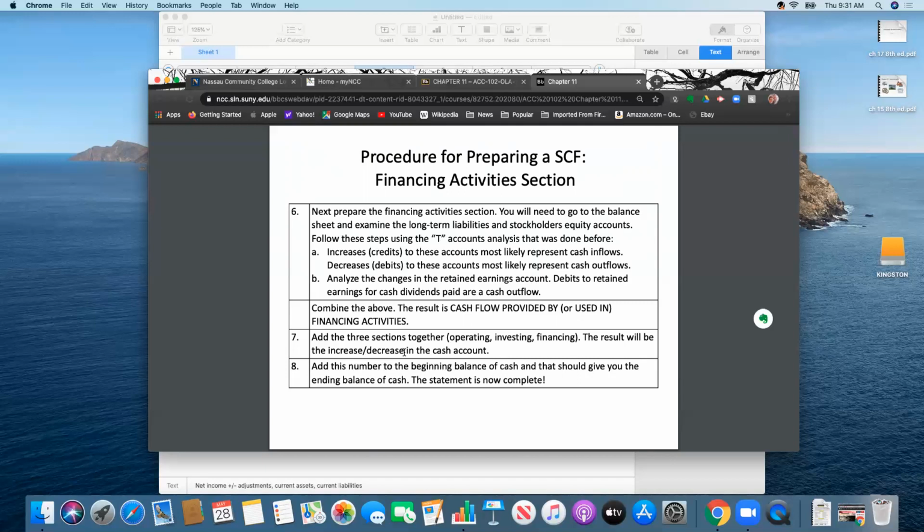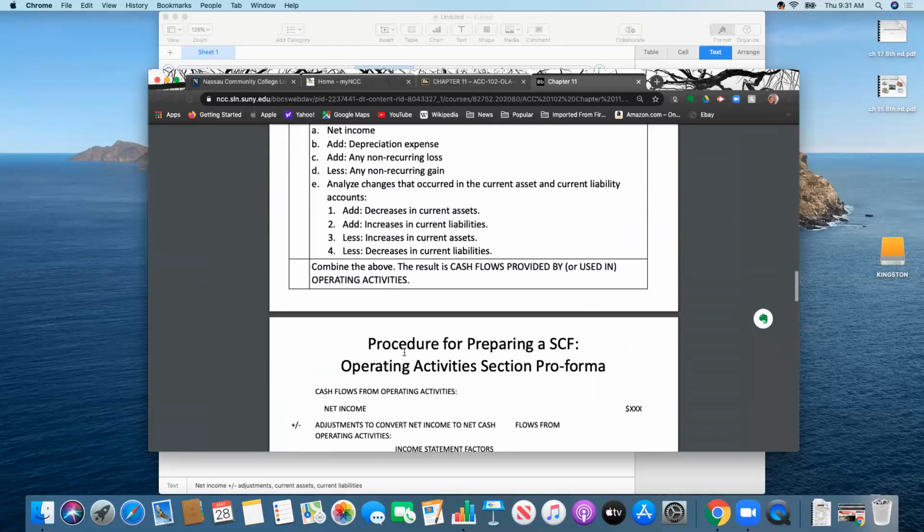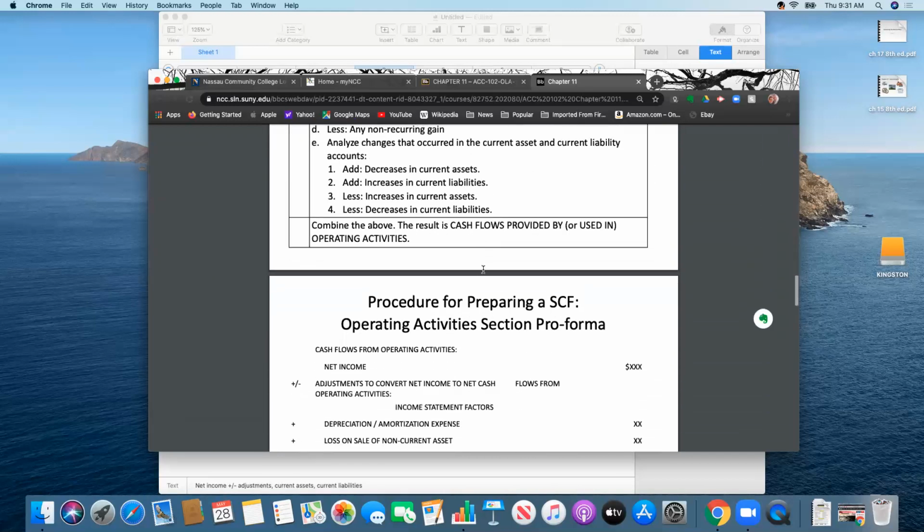Add the three sections together. The result will be the increase or decrease in the cash account, which was the number that you started with, right? Go back to the beginning. What was the first thing we did? Go to the balance sheet and look for the net dollar change that occurred to the cash account. Right? So the number that you wind up with has to be that number.